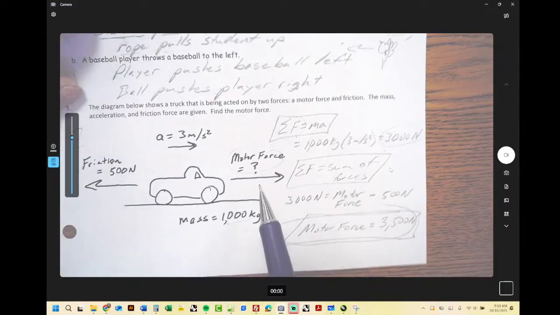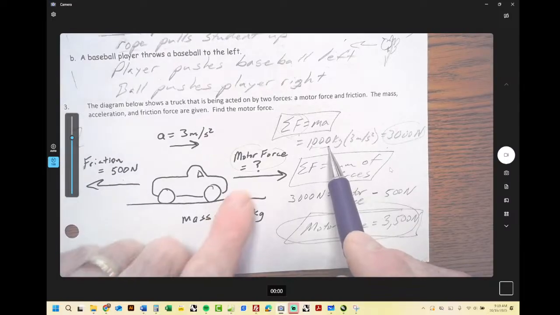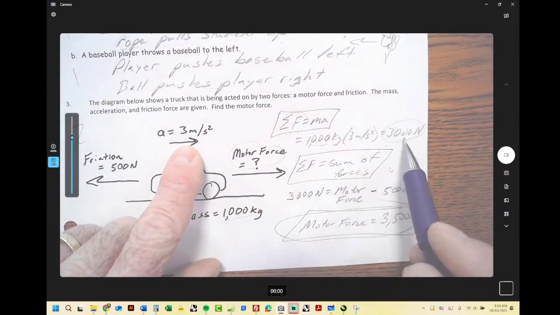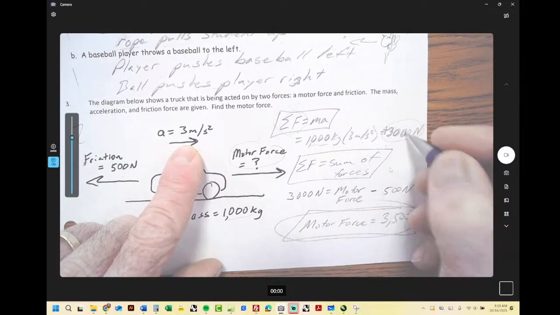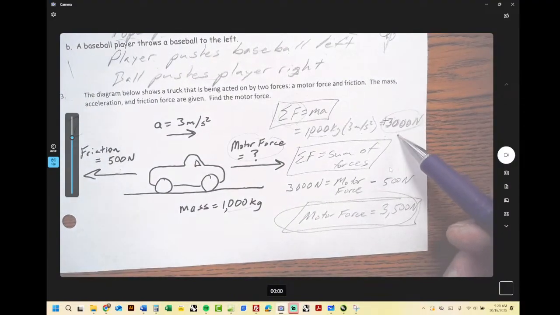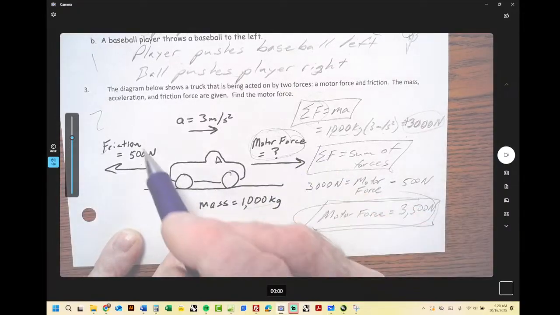That's not what I'm being asked for, but ultimately it's going to help me. So the net force is the mass, 1,000, times the acceleration, which is positive 3, and that gives me positive 3,000 newtons. So that's one way to get the net force. The other way to get the net force is to add up all the forces, and there are two: motor force and friction.